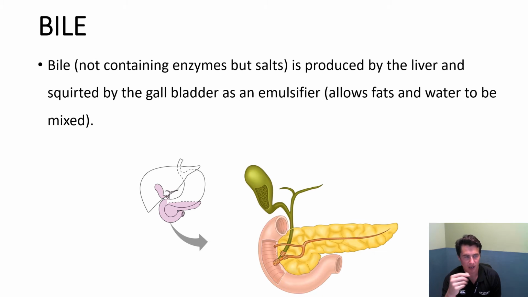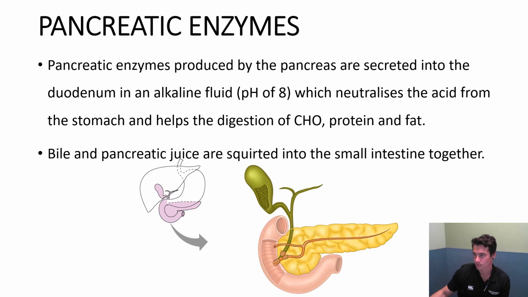So just to recap, bile helps to metabolize fats. It acts as an emulsifier, which helps water bind to it. Your pancreatic enzymes are produced by the pancreas and are secreted into the duodenum in an alkaline fluid.